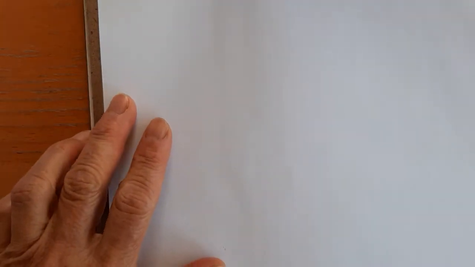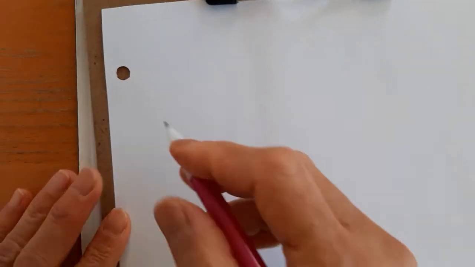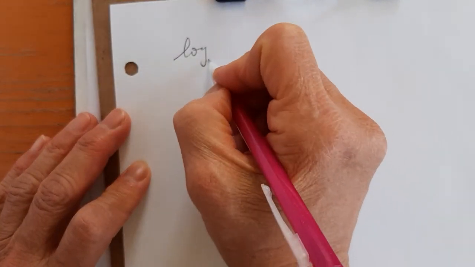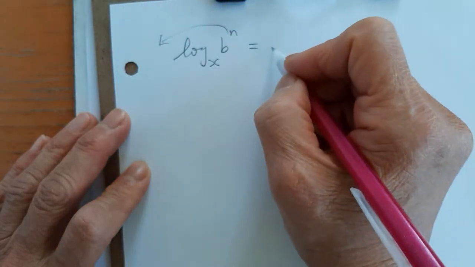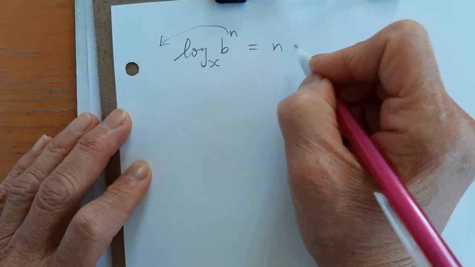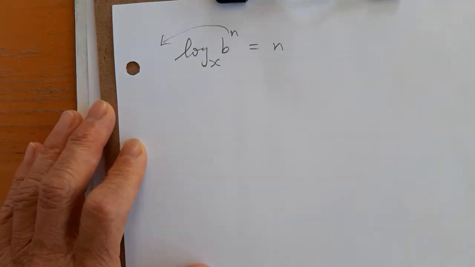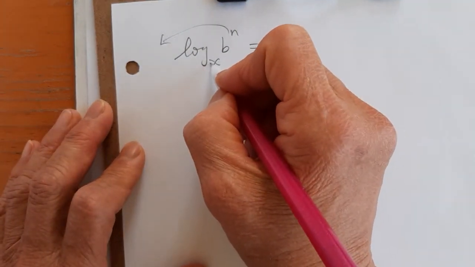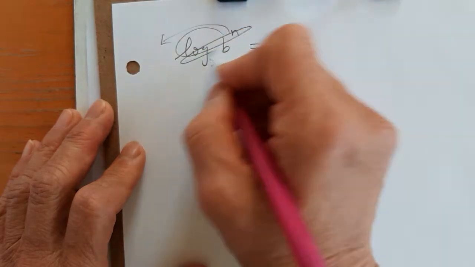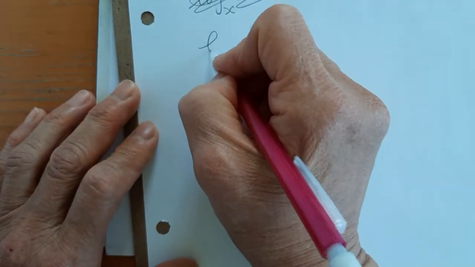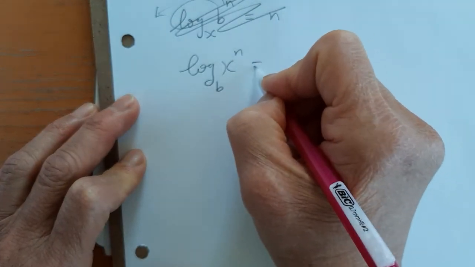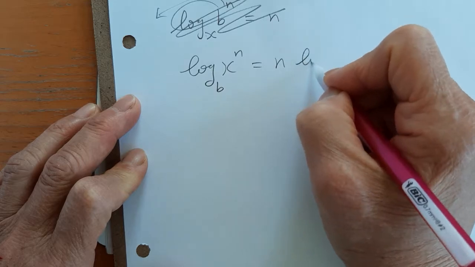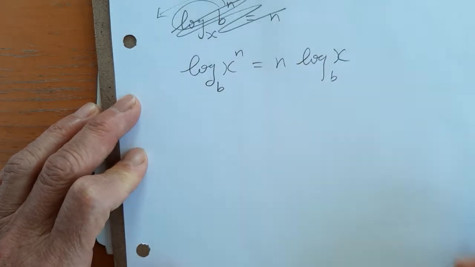The power rule is: log base b of x to the power n equals n log base b of x.